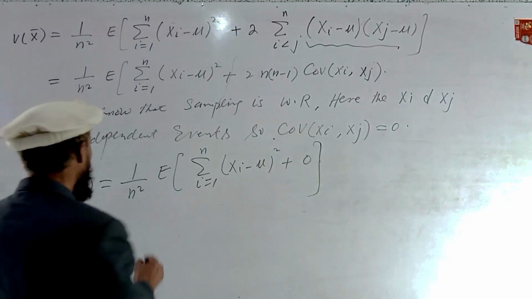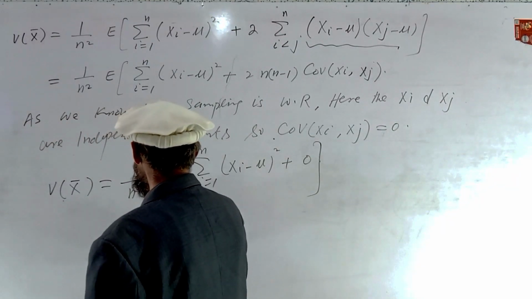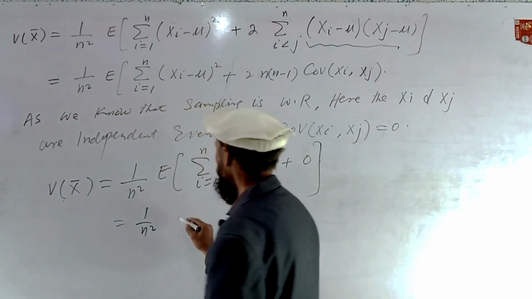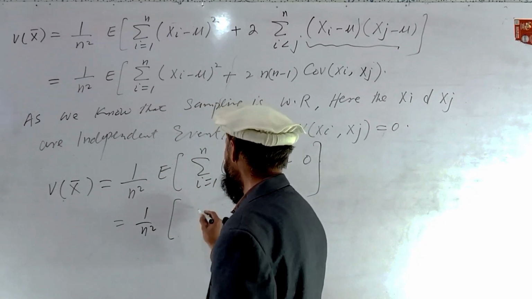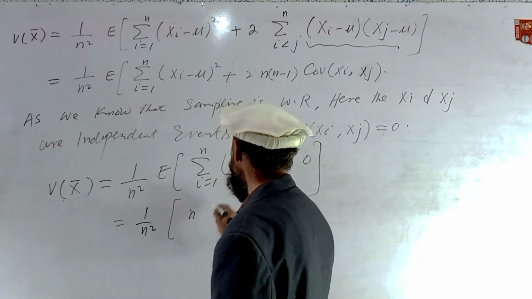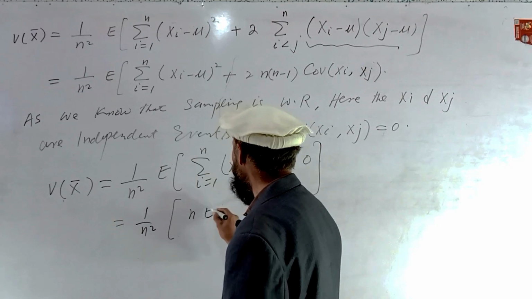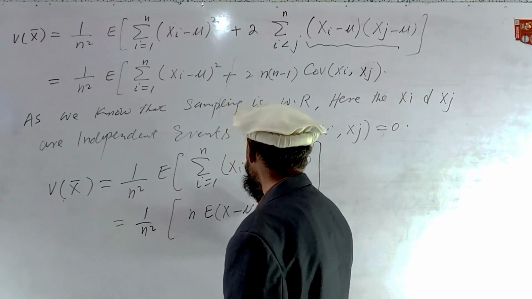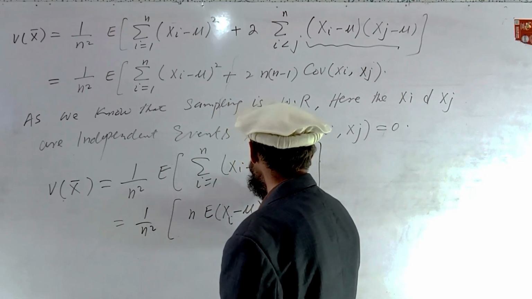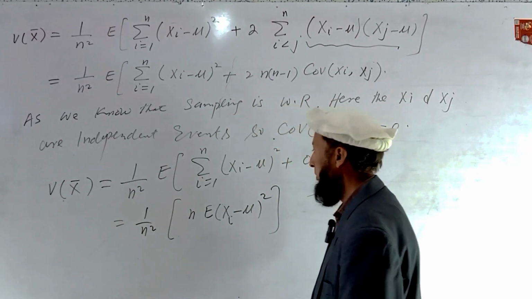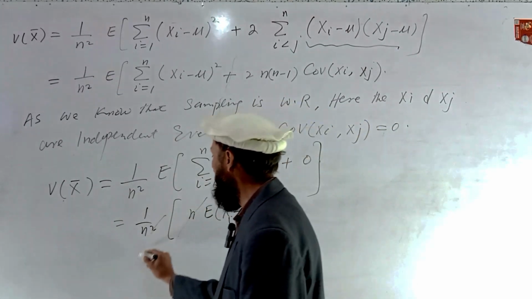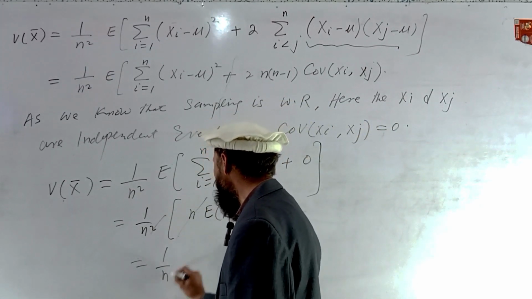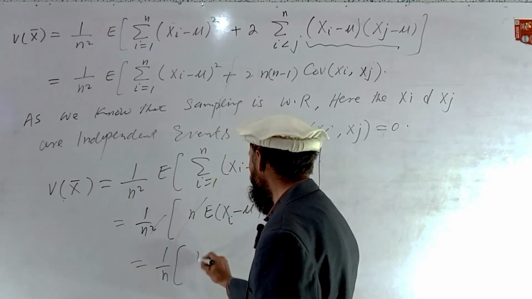So we can write 1 over n square, the summation changes into n, and the expected value of xi minus mu, whole square. Now this is cancelled, the 1 divided by n, and this term we can write as n sigma square.